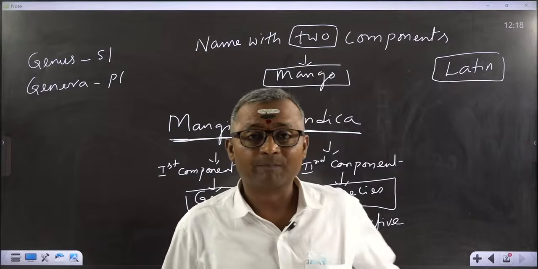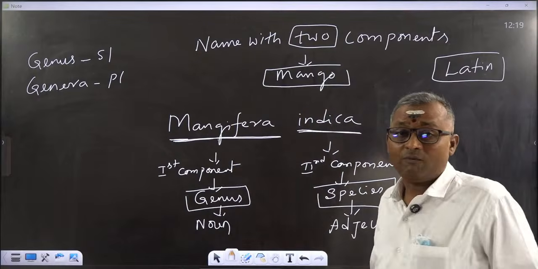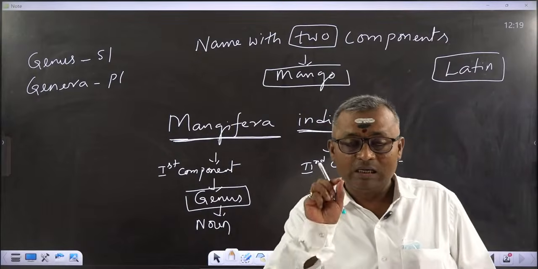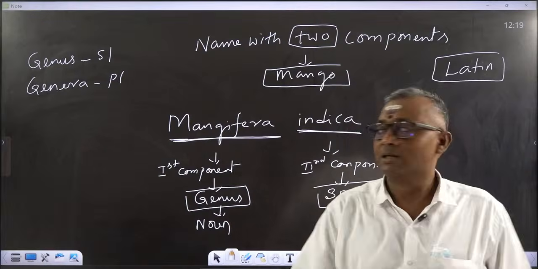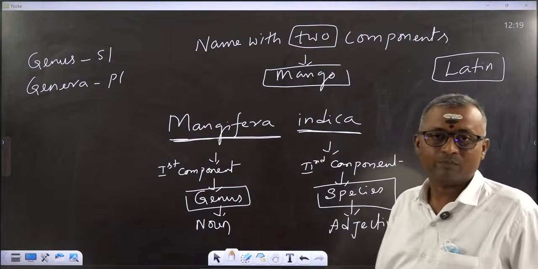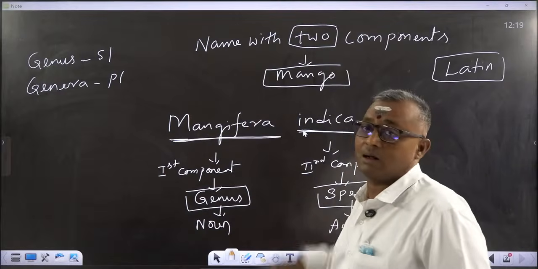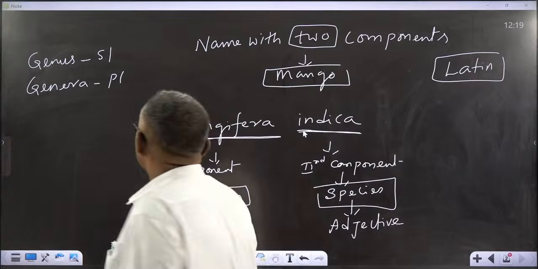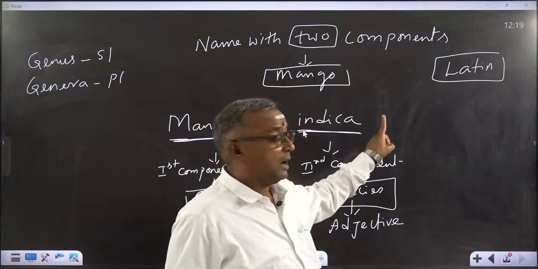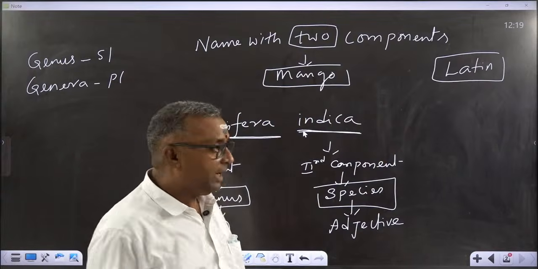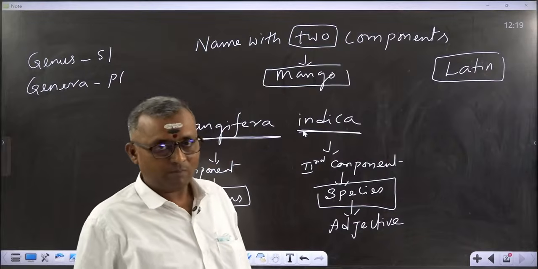Apart from this, after writing the scientific name of any organism, let us take Mangifera indica. The scientist who described this particular organism has to be given at the end of the scientific name in abbreviated form.